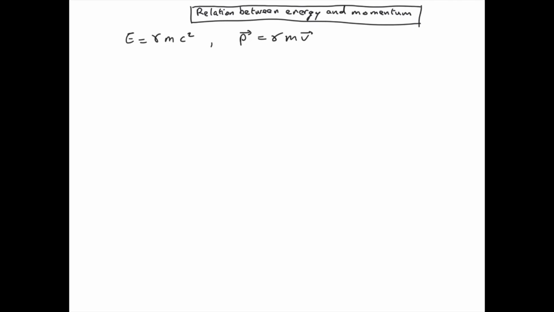So for that we rewrite these expressions by squaring them. For the equation for the momentum, we multiply by c squared and we add on both sides m squared c^4.